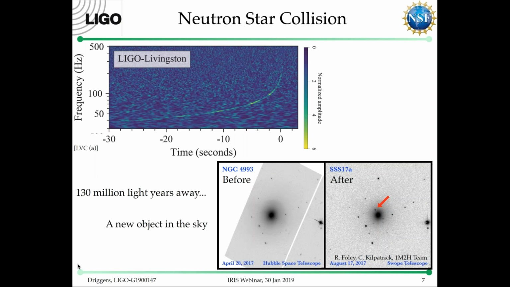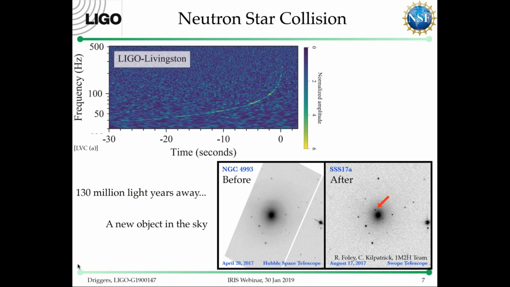This is really quickly just another view of the neutron star collision. Again, the time frequency plot in the top corner. This time, the time 0 is at the actual moment of collision. And in the bottom left corner, there are two images, a before and an after image.